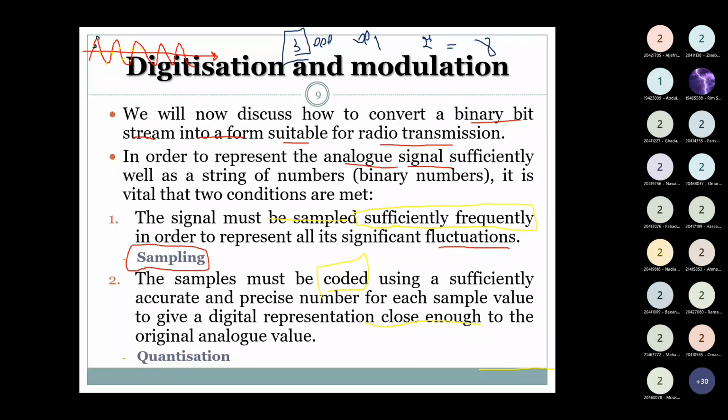If I see that 8 levels will not be sufficient for these samples, I can use 4 bits. So I will have 2 power 4, equal to 16 levels. So 16 levels will show all the differences between these samples, and so on.